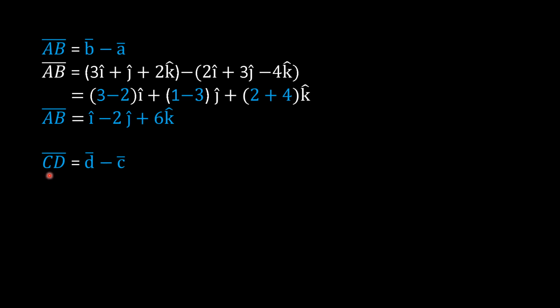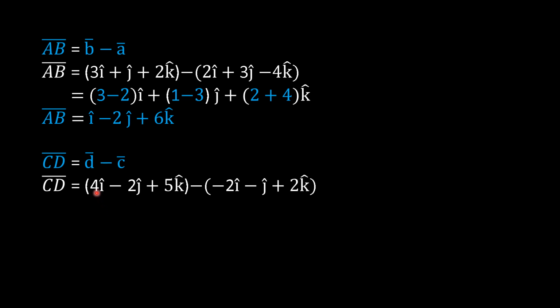Similarly, CD bar will be d bar minus c bar. d bar is 4i minus 2j plus 5k and c bar is minus 2i minus j plus 2k.